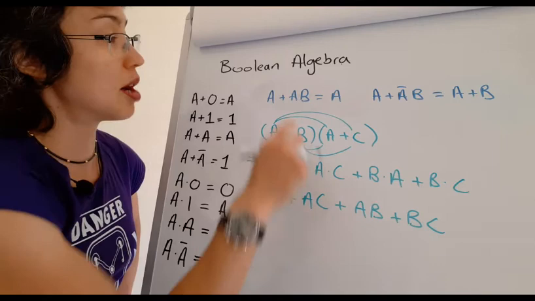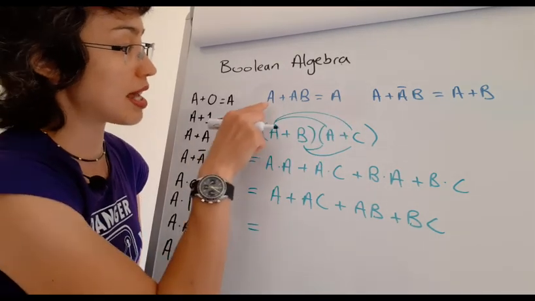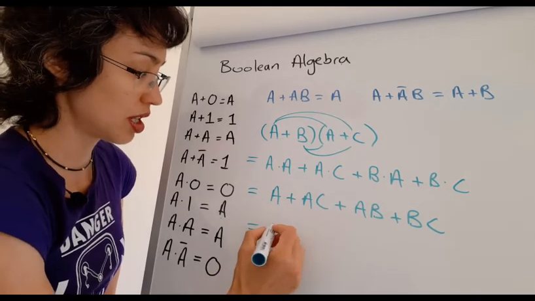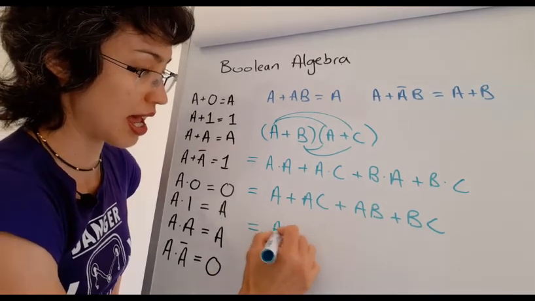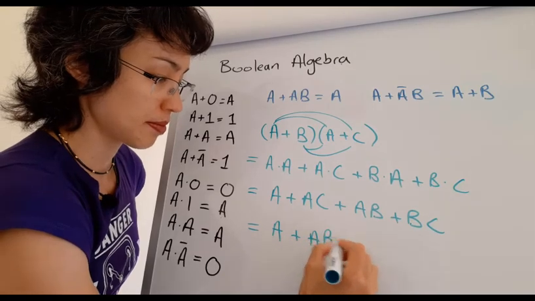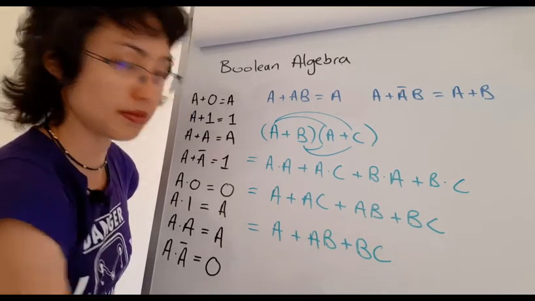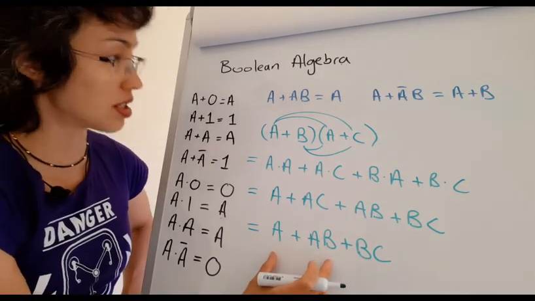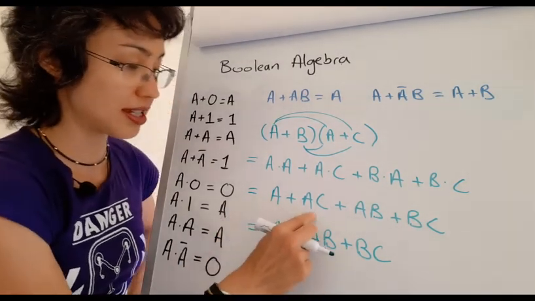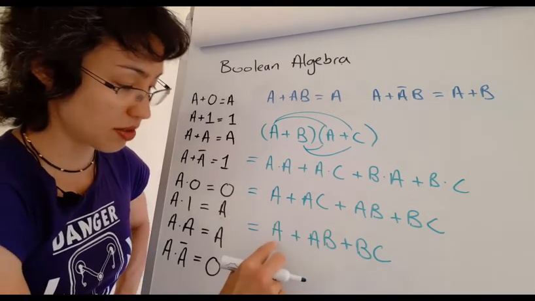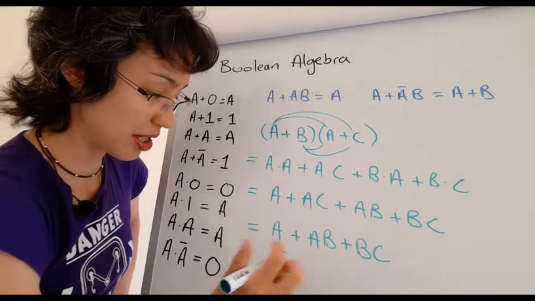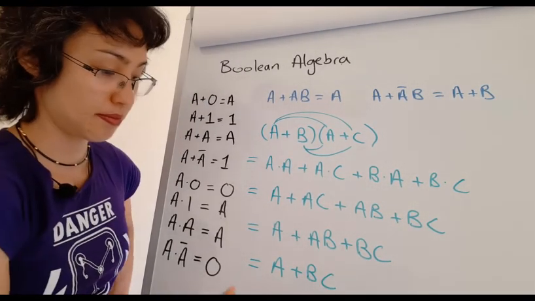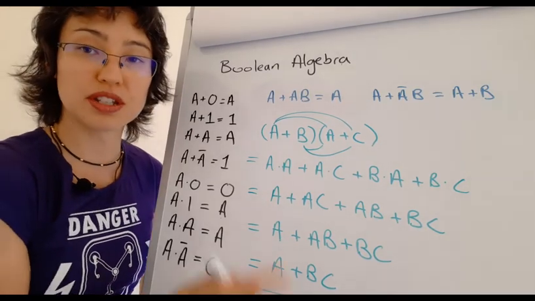Here, we can apply this rule here. So we had A or A and B was equal to A. So this is going to give you the same situation. So this thing here is going to be equal to A. Then here we've also got this same situation where we had A plus AC, that's equal to A, but A or A and B is also equal to A. And that's as simple as this solution can get.